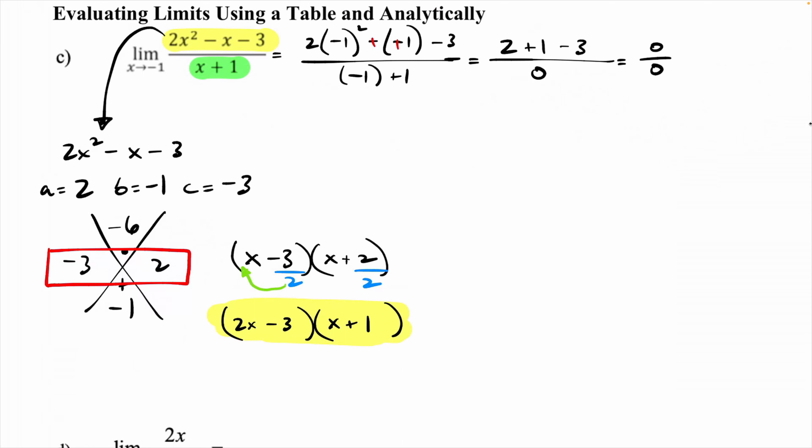Okay? So I'm going to rewrite the problem now. The limit as x approaches -1. The yellow, I'm not going to write 2x squared minus x minus 3. I'm going to write the factored version: 2x minus 3, x plus 1. The green, how do I factor the green? The green is a binomial, right?